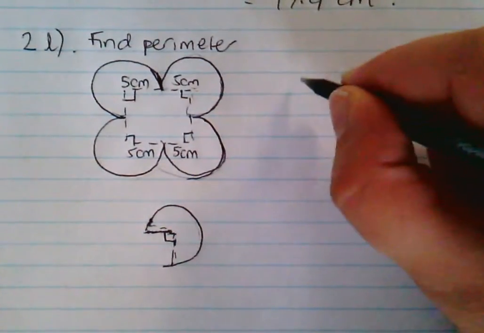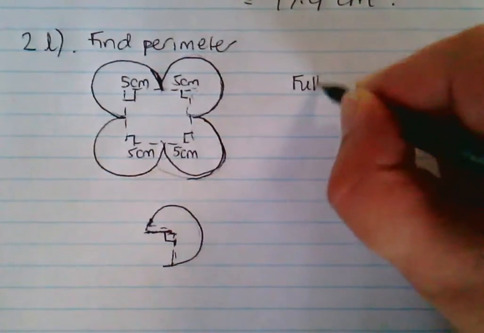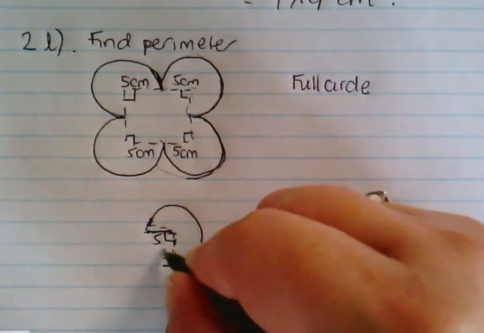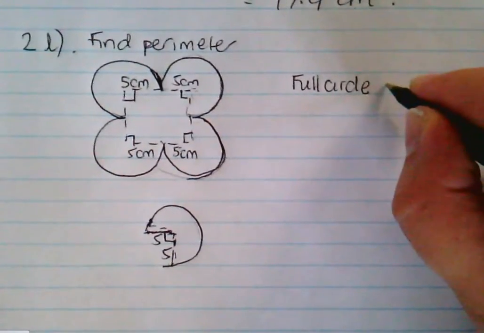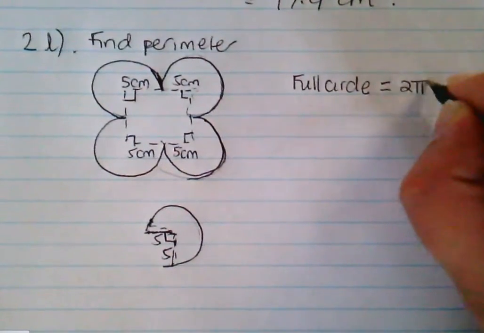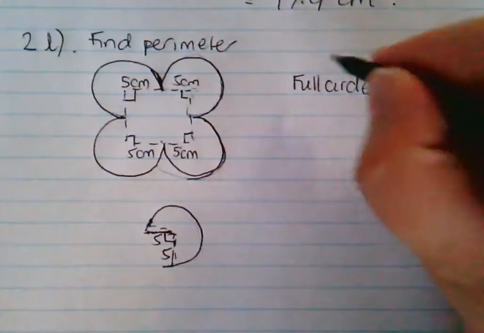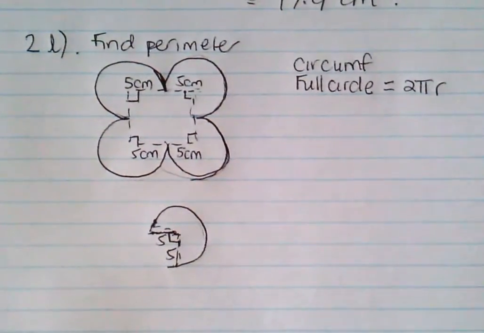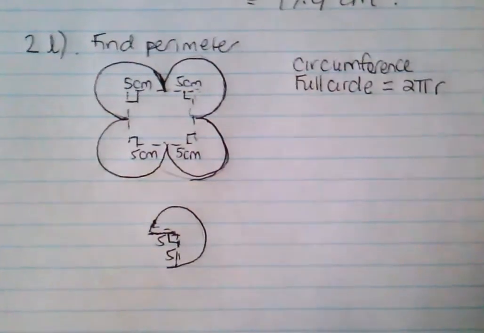So let's go full circle. Let's just see what we've got. Full circle is 2 pi r. That's how you find the full circle circumference. So circumference of full circle is 2 pi r.